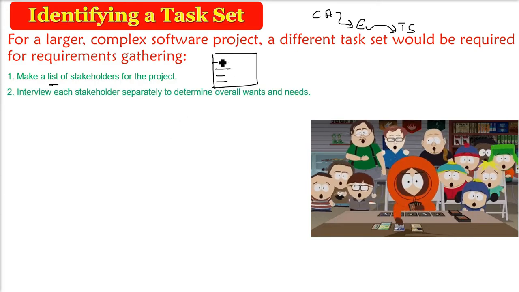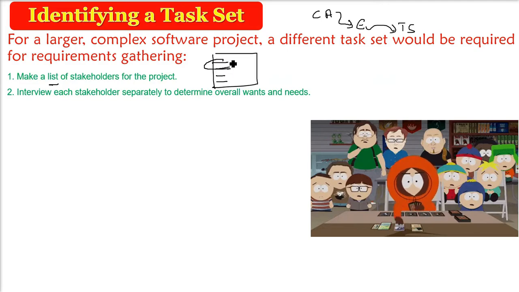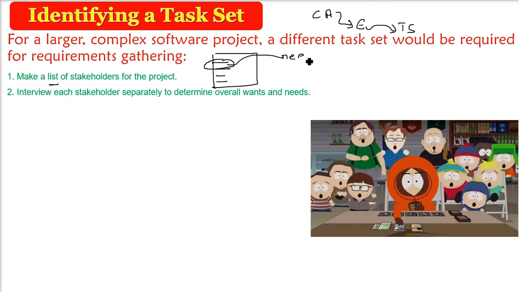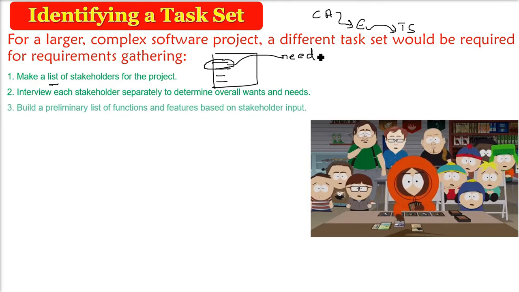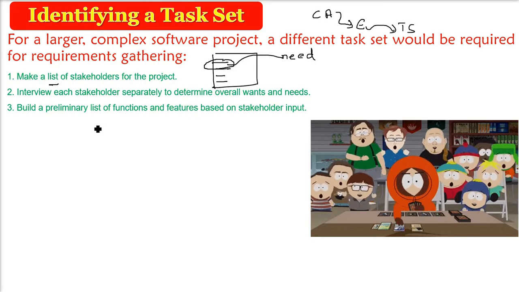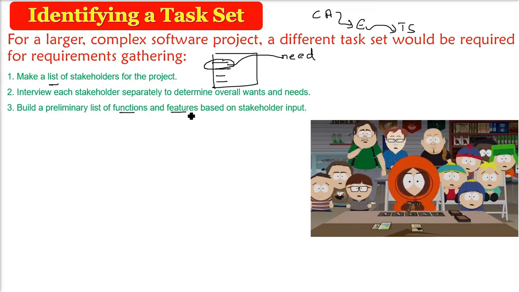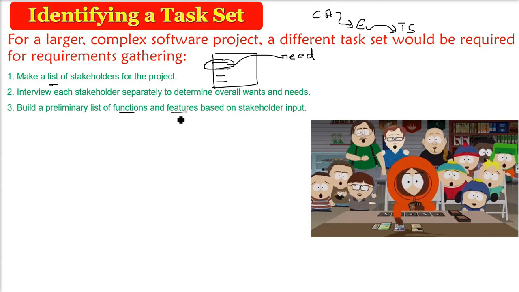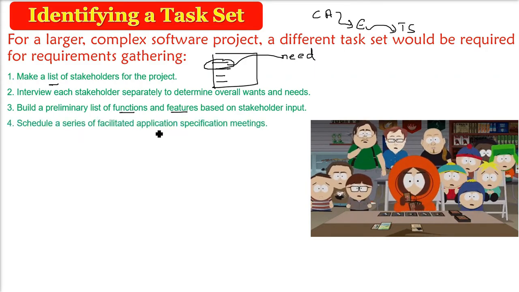Now, you have to take one by one, interview each of the stakeholders. You have to do it separately. You need to understand what they need, what they want. Now when you have interviewed them separately, you have to make a preliminary list, or you can say a draft list, of all the functions and features they require.